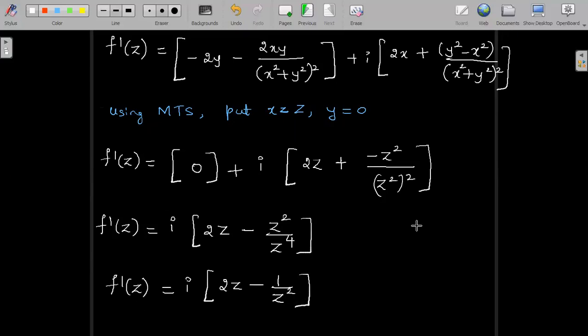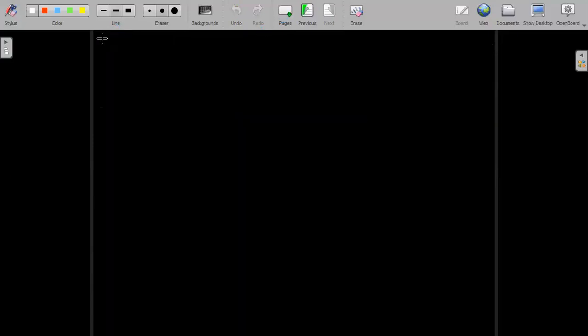Our aim is to obtain f of z as a function of z. So to obtain f of z as a function of z, we integrate with respect to z.